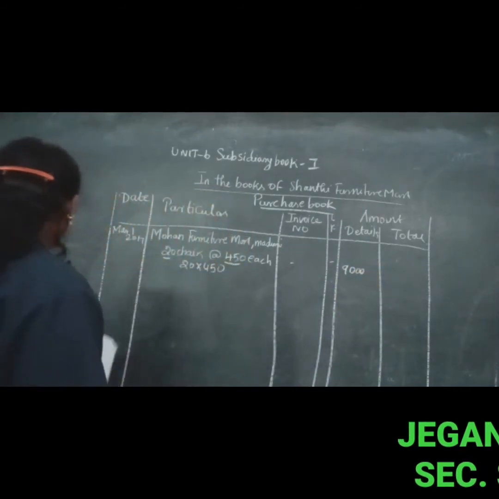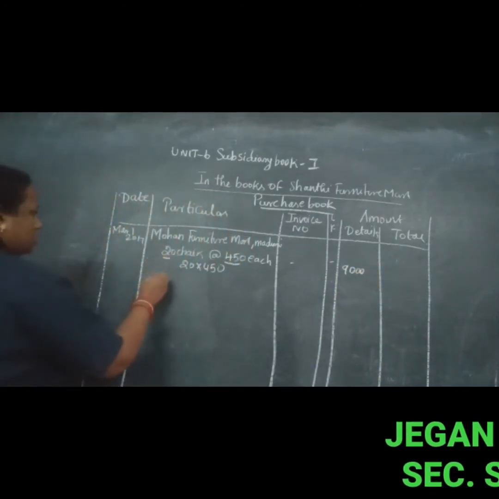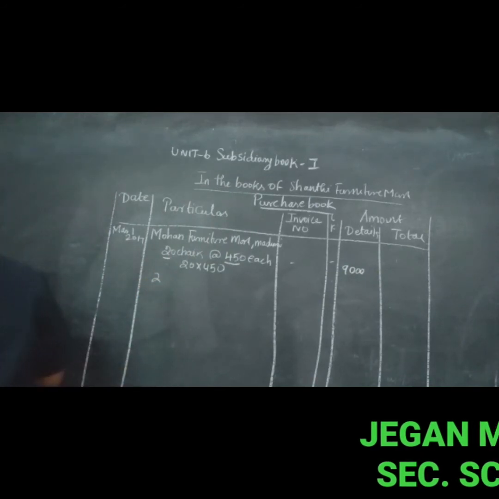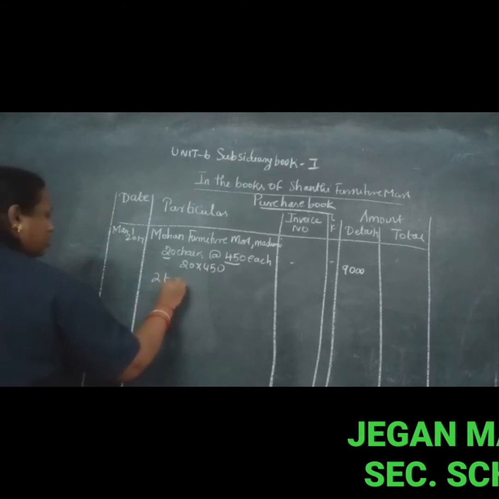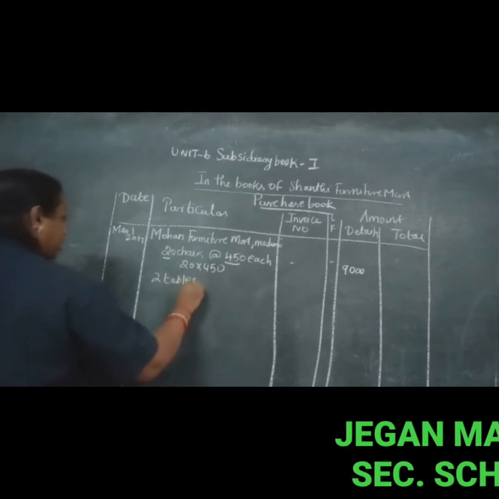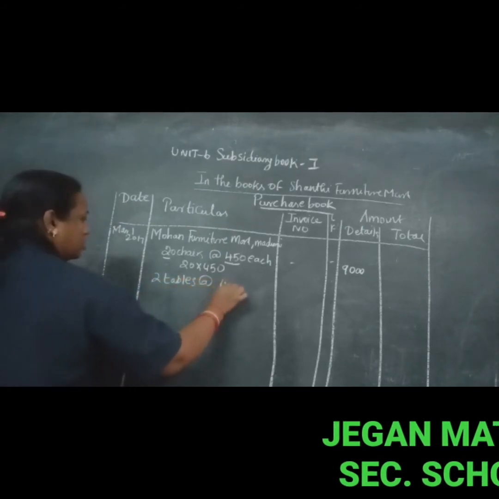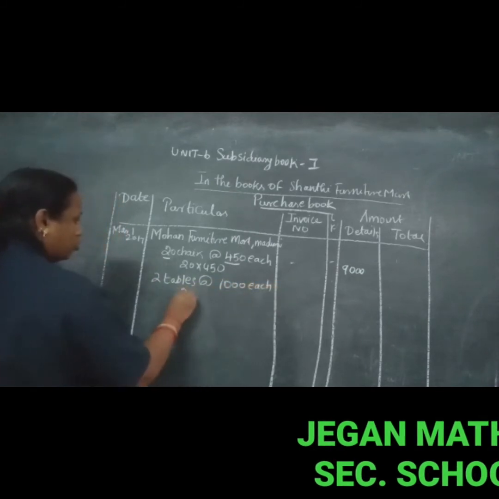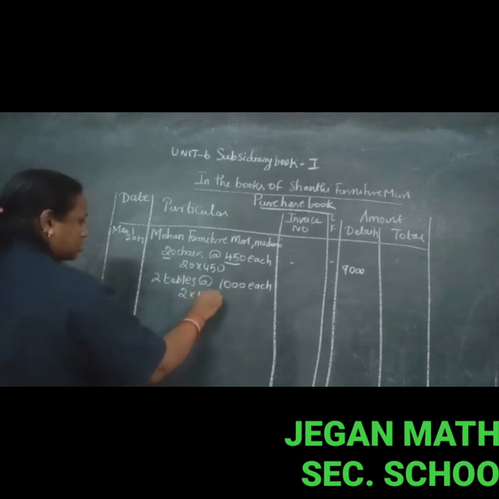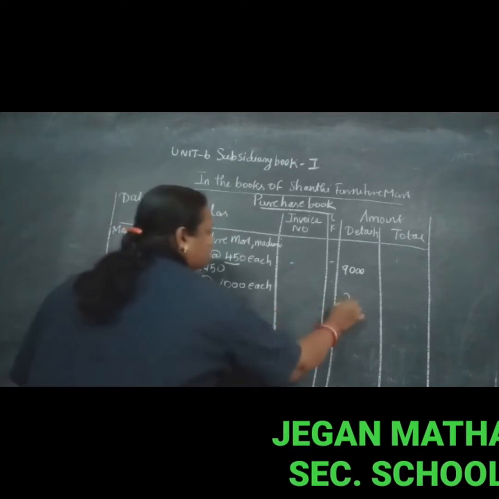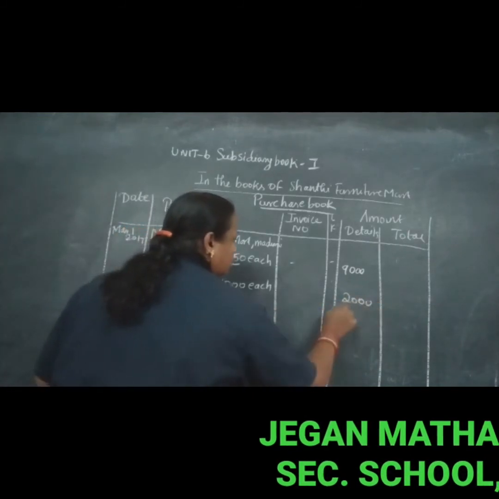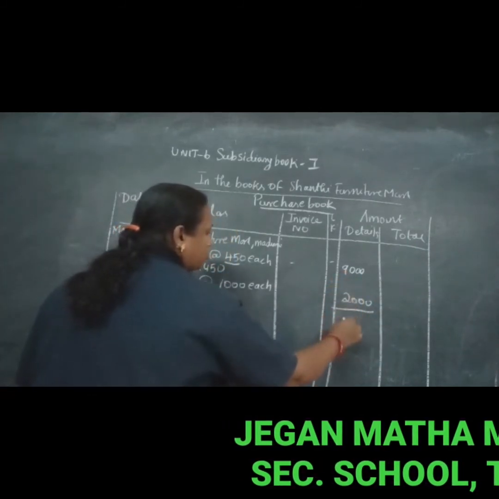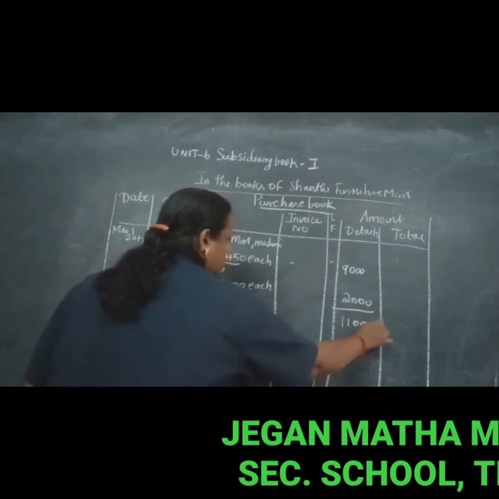The next, two tables purchased from Mohan Furniture Mart, two tables at the rate of 1,000 each. So 2 into 1,000 rupees, 2,000. So in total we purchased from Mohan Furniture Mart 9,000 plus 2,000, 11,000.